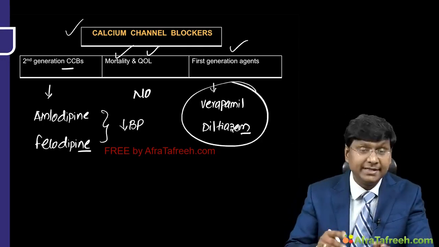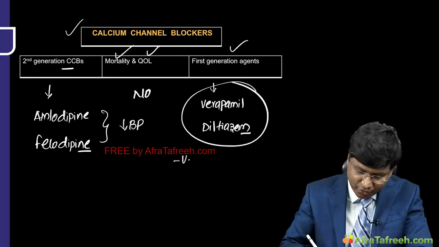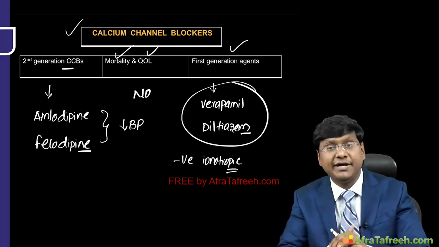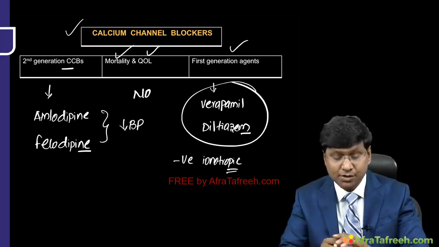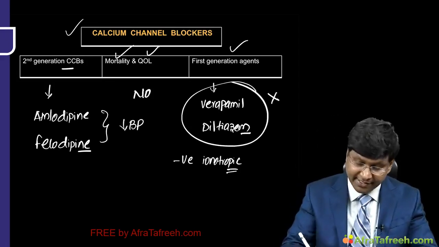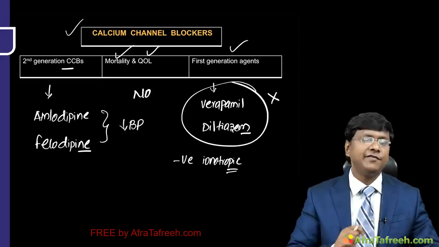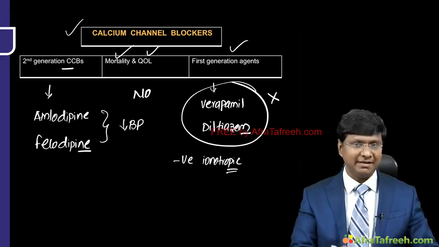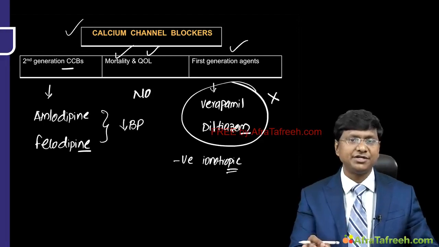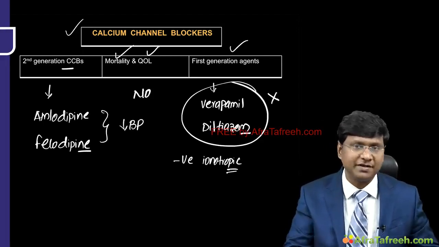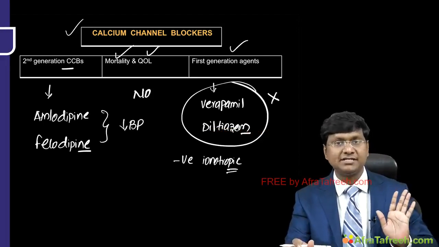These two drugs have negative inotropic effects. So because they have negative inotropic effects, they have to be discouraged in heart failure with reduced ejection fraction. Whereas amlodipine and felodipine can be given only to reduce the blood pressure, but not the first generation, which has negative inotropic effects. So that is about the calcium channel blockers.